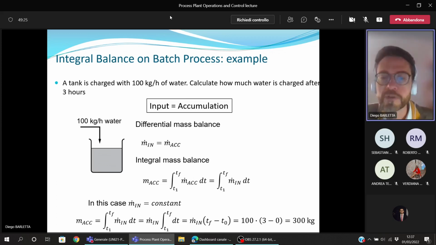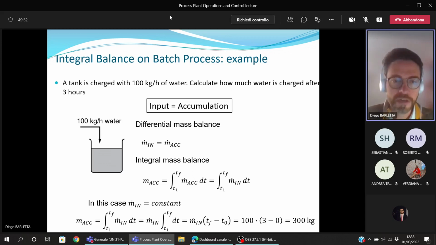Now, of course, this is the general equation to calculate the accumulated mass. And we have the integral because in principle, m dot in could vary over time. And so with the integral, we would take into account this possible variation.